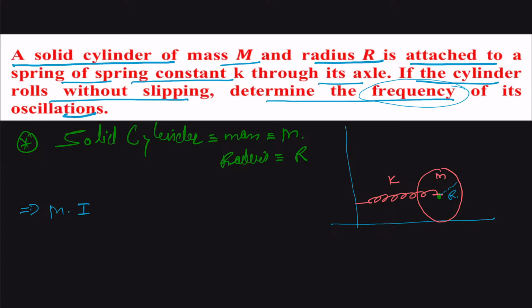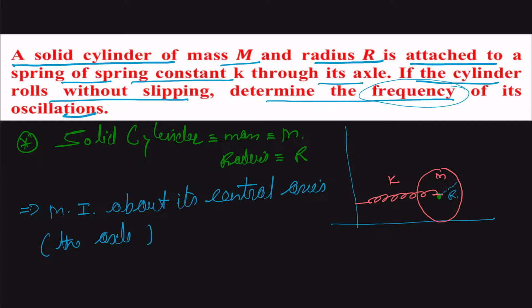Suppose the moment of inertia about the axle is I, and this I will be equal to half m r square.